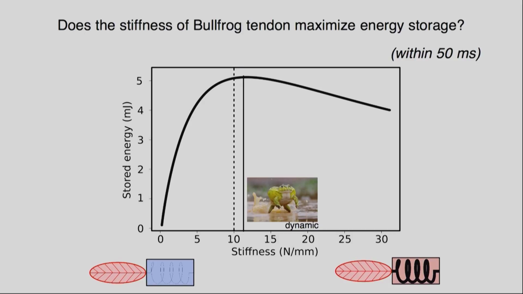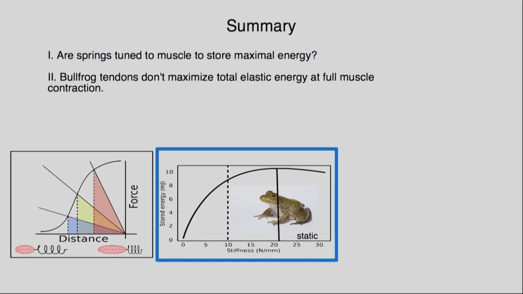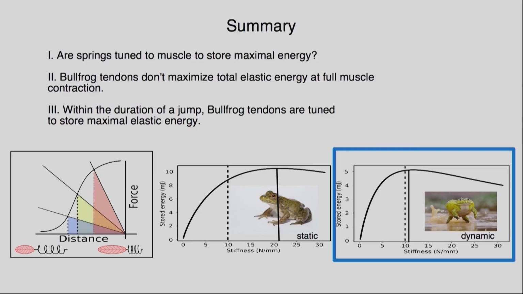And so the reason I set up the talk this way is so we could look at this in a way that shows how this fellowship and this training has fundamentally changed the interpretation of the results. So first we looked at how different animals use elastic energy storage. We found that in the static case, bullfrog tendons don't maximize total elastic energy, but in the dynamic case they do.